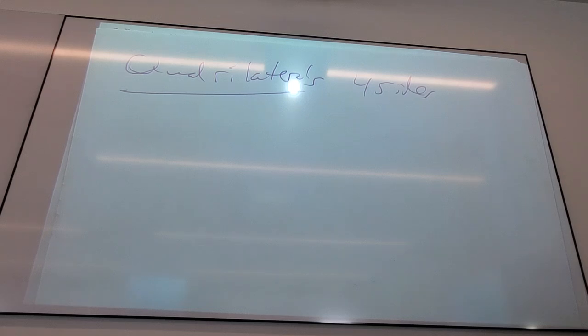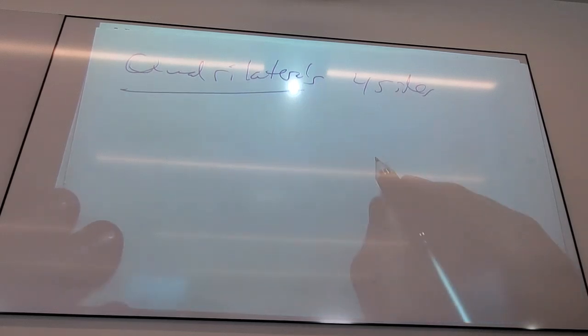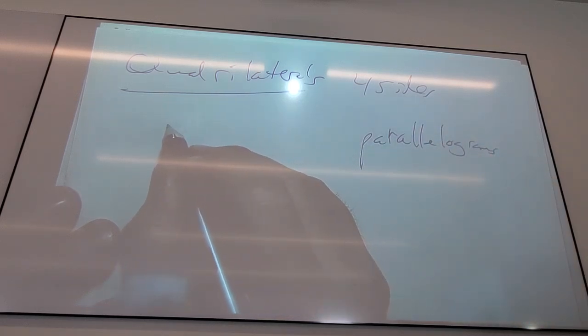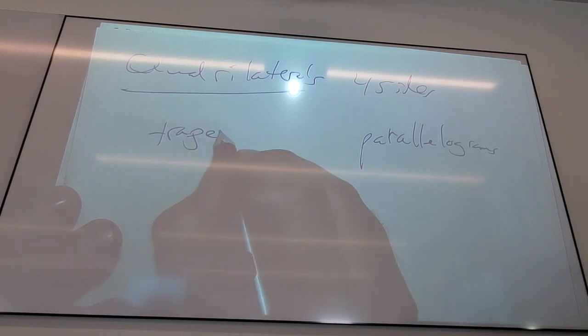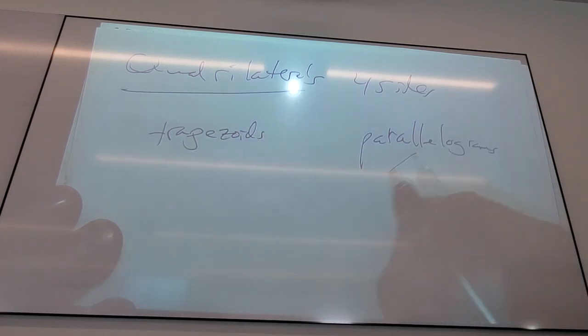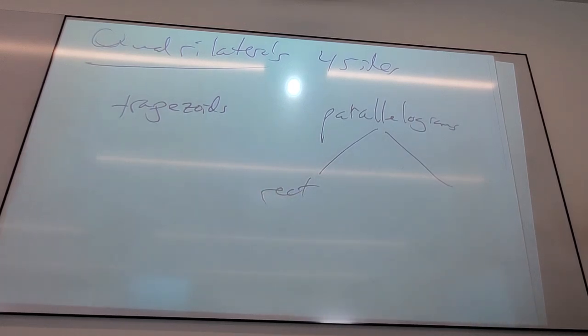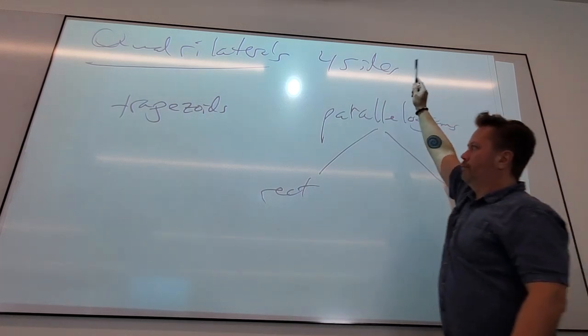We drew a picture together. There's the parallelograms. You guys remember what was over here by itself? Trapezoids. And then what came off the parallelograms? Rhombuses and rectangles, yeah.